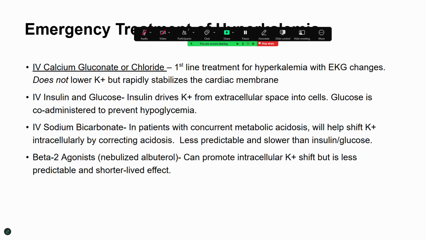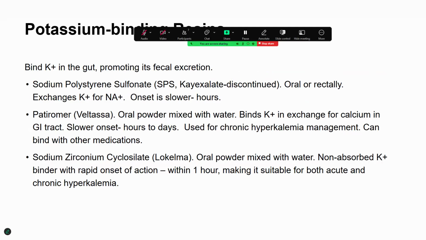And that was a question that we did have on one of our tests in the core curriculum. They'll give them IV insulin and glucose, sodium bicarbonate, and beta 2 agonists as well, which is the inhalers, nebulized albuterol.